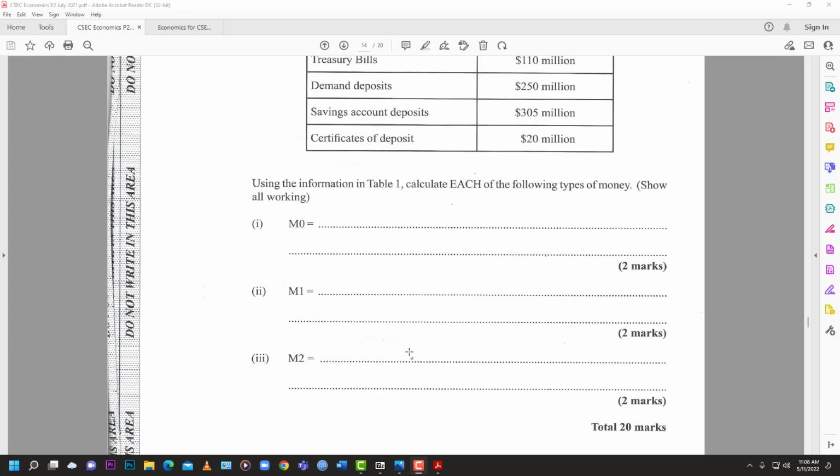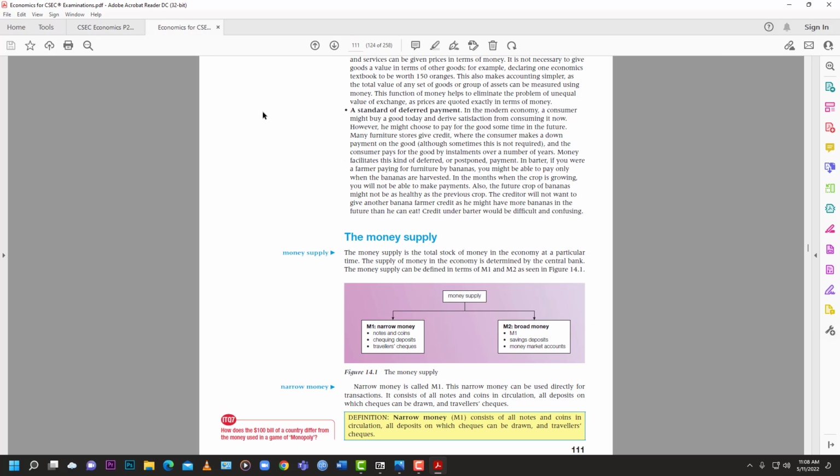And so how do we calculate this? Now what is M0, M1, M2? If you turn to our textbooks, as I've said before, it needed a little updating. So right now they only have M1 and M2, right? So M1, that's narrow money, consists of all notes and coins in circulation, all deposits on which checks can be drawn, and travelers' checks.